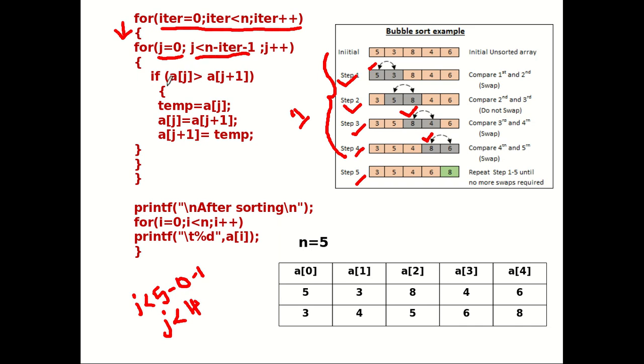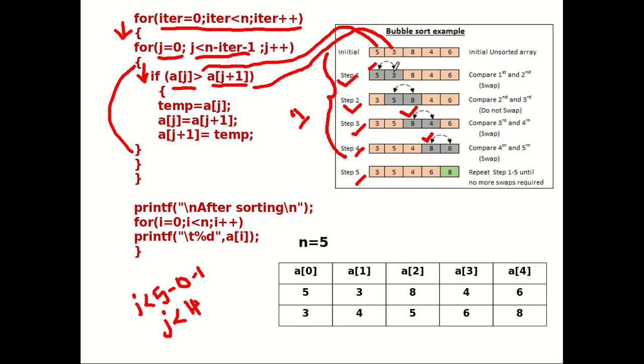This condition is true, so it will enter this particular loop. a of j means the first element of the list, and a of j plus 1 means the second element of the list.